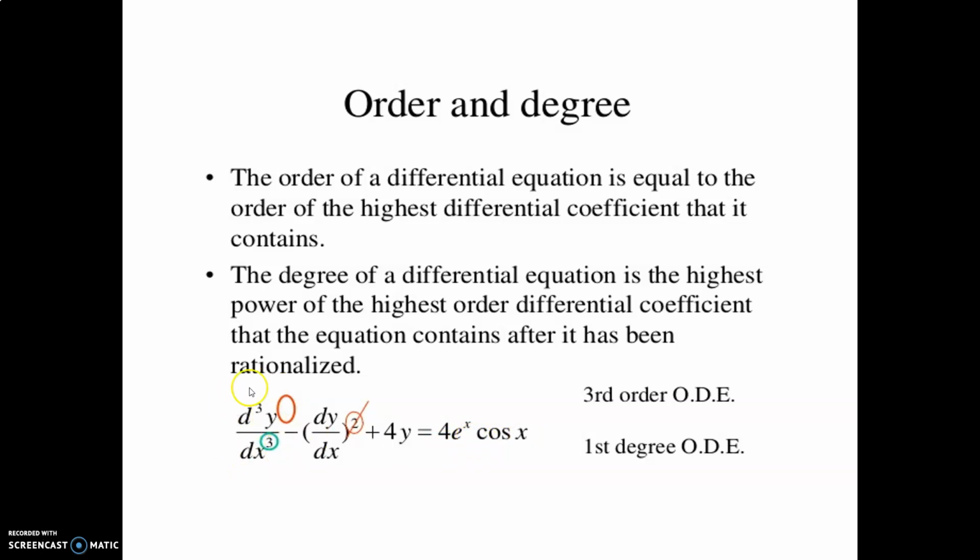Here the highest order derivative is 3. The power of that derivative is not written, so we consider it as 1. So it is a third order, first degree ordinary differential equation.